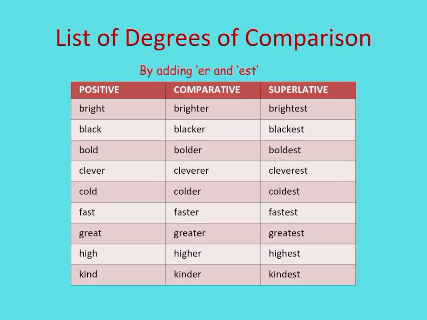Now let's see some list of degrees of comparison. The positive degree, then comparative degree, then superlative degree. So let's start. Bright, brighter, brightest. By adding er or est, we can make comparative degree or superlative degree.